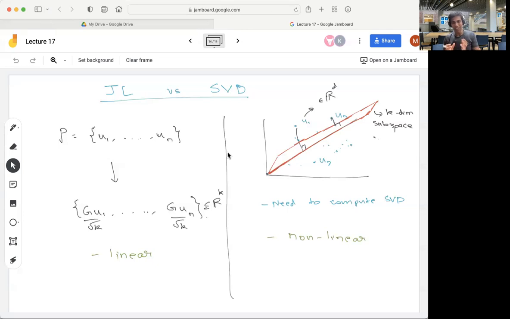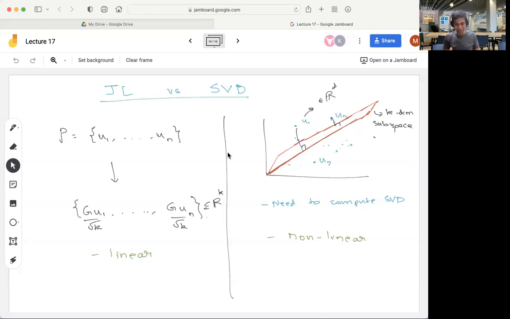So when we are interested in using some properties of the data more closely, SVD is a nice choice. When we are trying to argue without having to look at the data, because we may want to prove it in more generality, or it gets too complicated to look at the data, then this oblivious proof that Johnson-Lindenstrauss has, without really thinking about what the points look like, is more advantageous.